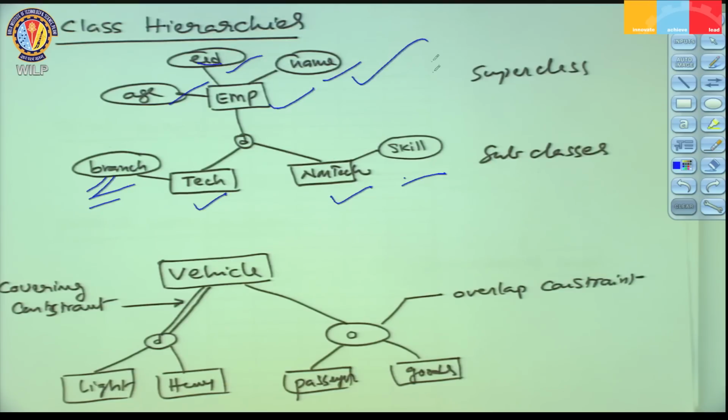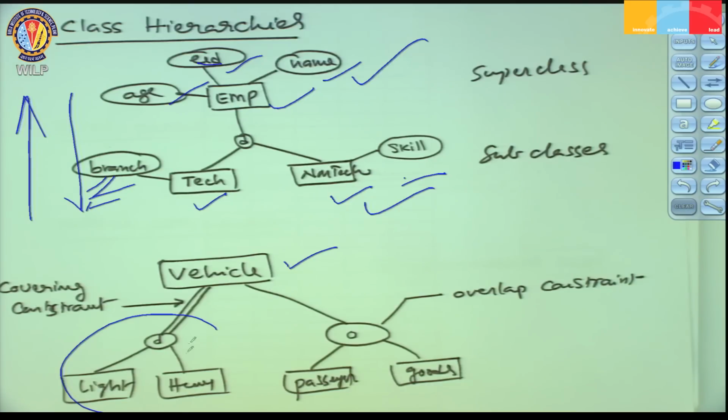This is the superclass, these are subclasses. When I first have subclasses and then derive a superclass, it is called generalization. When I first have a superclass and then derive subclasses, it is called specialization. And here, I can have any number of classifications. For example, if you take vehicle, one kind of classification is to classify them into light vehicles and heavy vehicles.